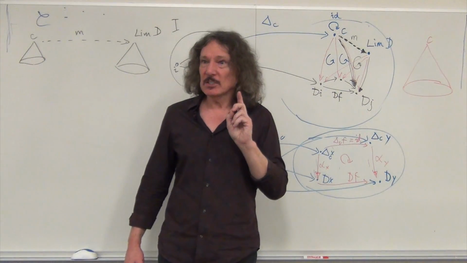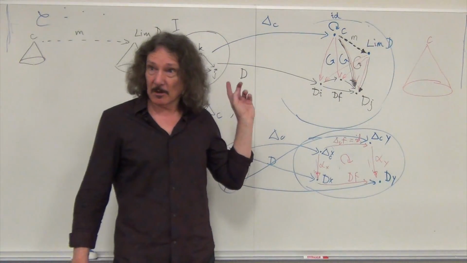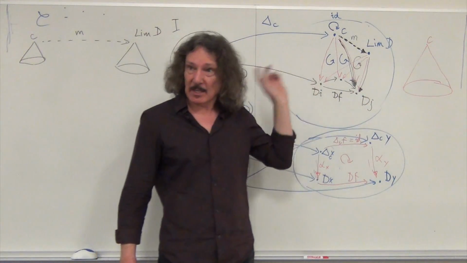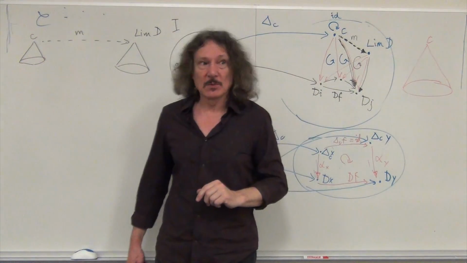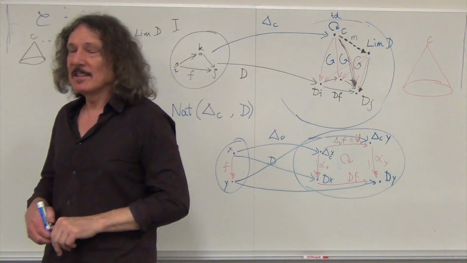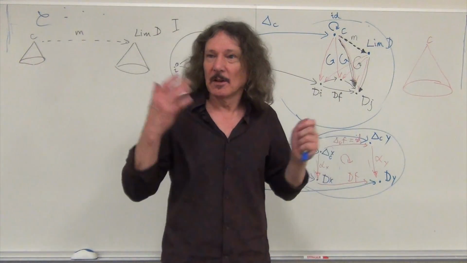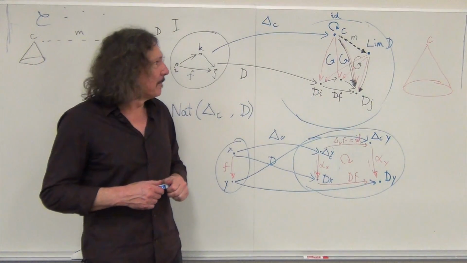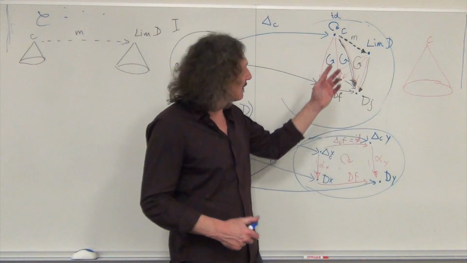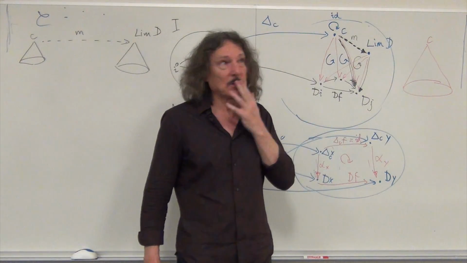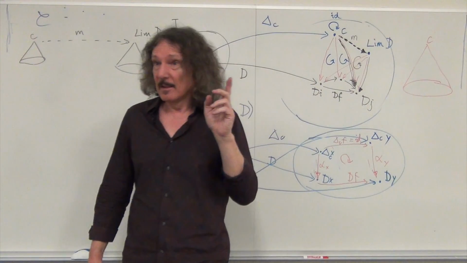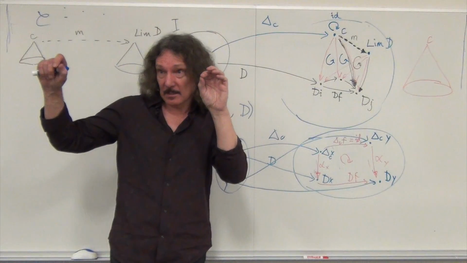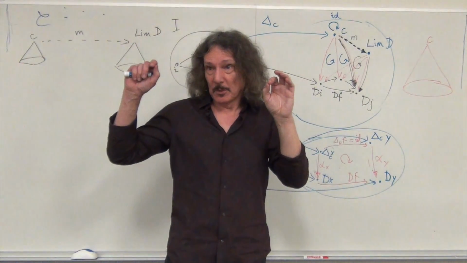So this is a very special category. This is a category in which cones are objects, and morphisms are these special morphisms between apices that make these things commute. It's just a fancy way of saying they form a category. And of course you would have to prove that if you have two such morphisms, their composition also is a good morphism.